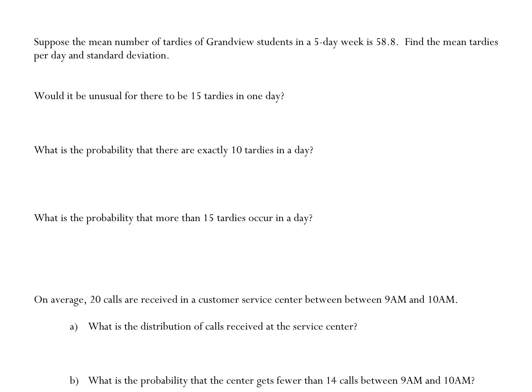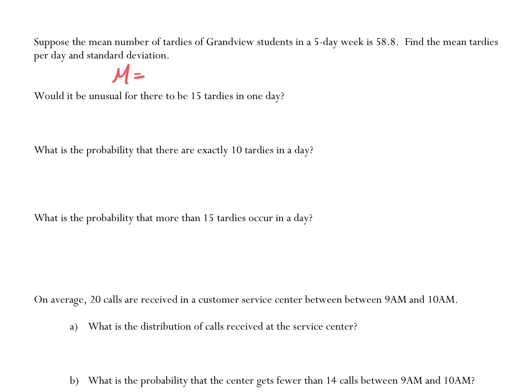So when we say the mean number of tardies of Grandview students in a 5-day week is 58.8, again, if this is distributed Poissonly, we would expect the same number of tardies on Mondays as Tuesdays, as Wednesdays, as Thursdays. Everybody good? All right. What would the mean and the standard deviation be if we measured these in tardies per day? How would we do this? You divide by 5.